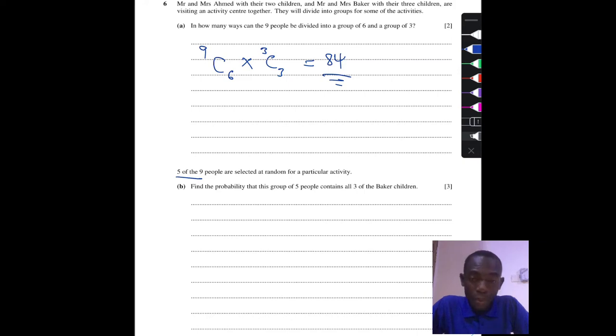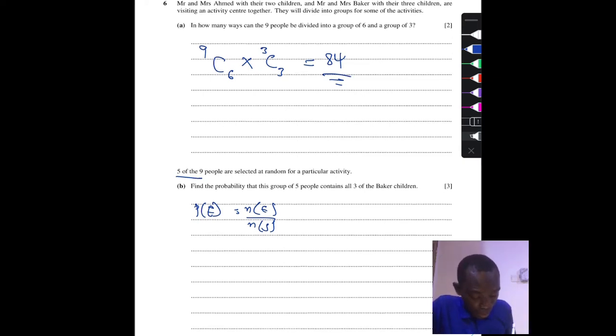So once it's about probability, we define probability of an event E as the number of events E over the sample space, right? That's what we say. So now the sample space is the 9 people that you are going to choose 5 from. So the sample space is basically 9 combination 5.